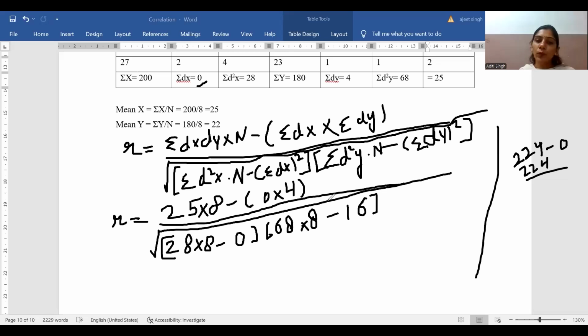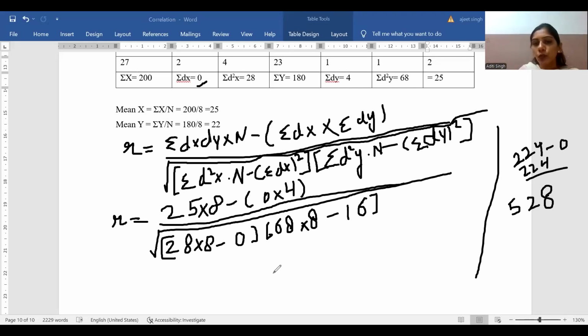Now what we have to do? We have to multiply 68 into 8 minus 16. So 68 multiplied by 8 is 544. Then we have to minus 16. So the answer will be 528.